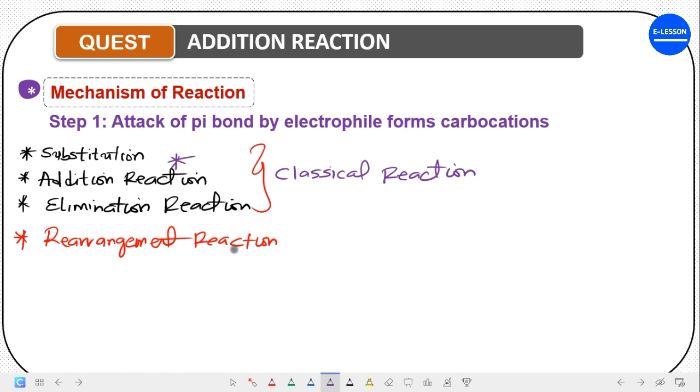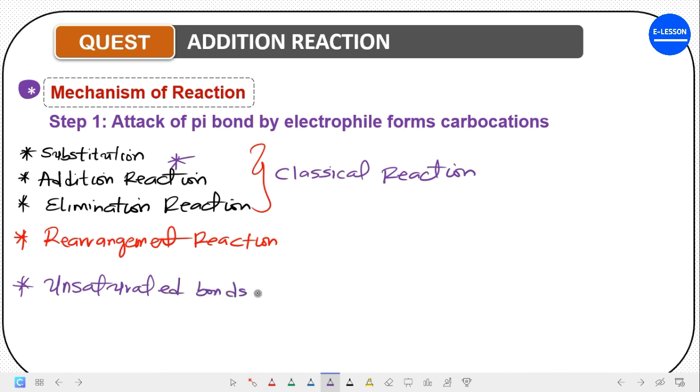So what is the addition reaction all about? Now, the addition reaction is mostly exhibited by compounds that have unsaturated bonds, okay?